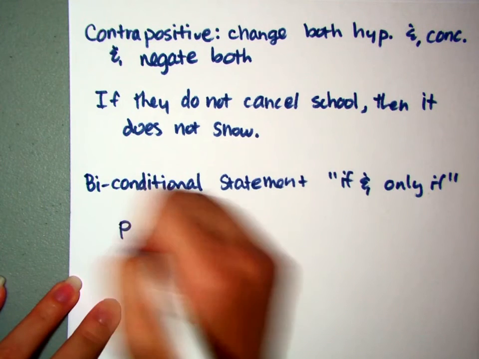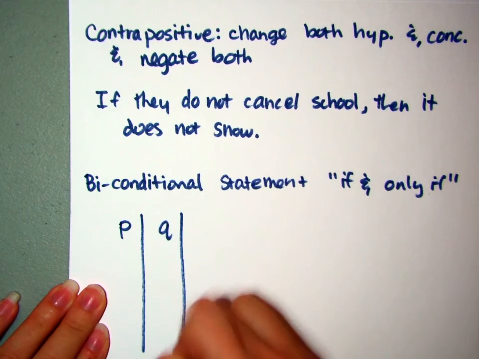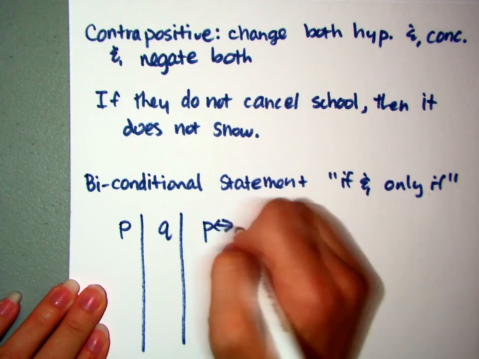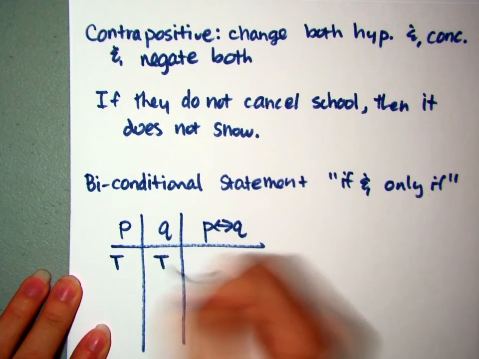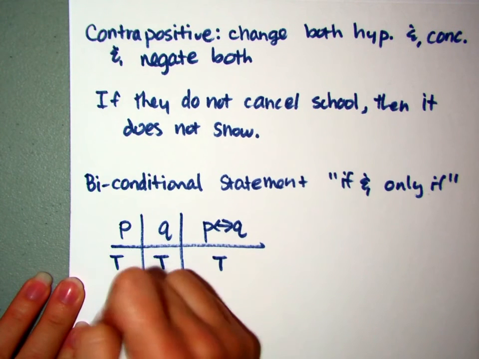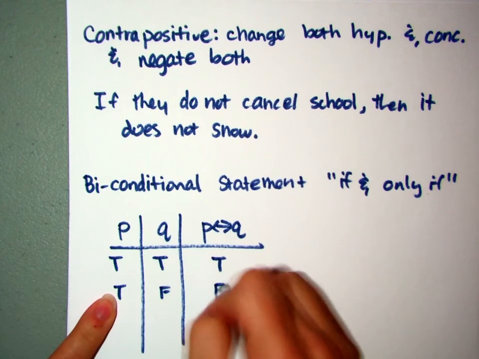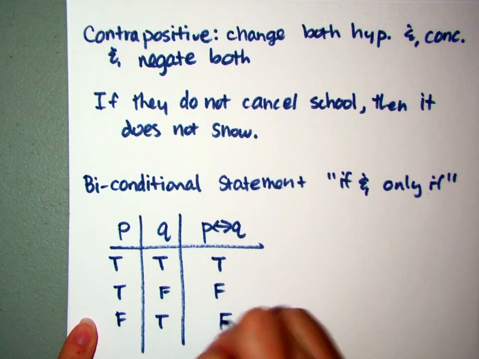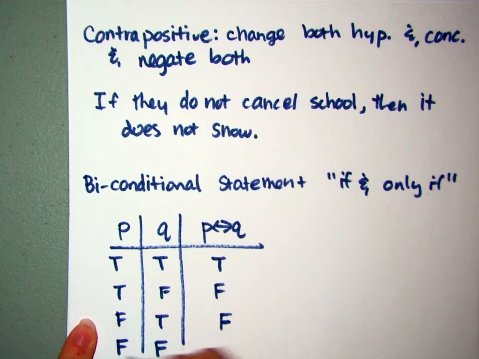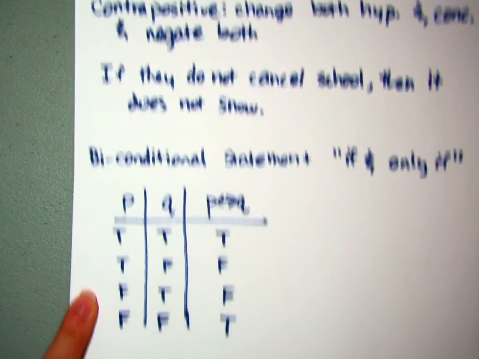So if you've got your P, you've got your Q, and we're going to do if and only if of P and Q. If these are both true, they have the same truth value, then they'll be true. But if one of them is true and one of them is false, it's going to be false. They have to have the same truth value. So notice these two are both false. Therefore, we could say that the if and only if part would then be true.